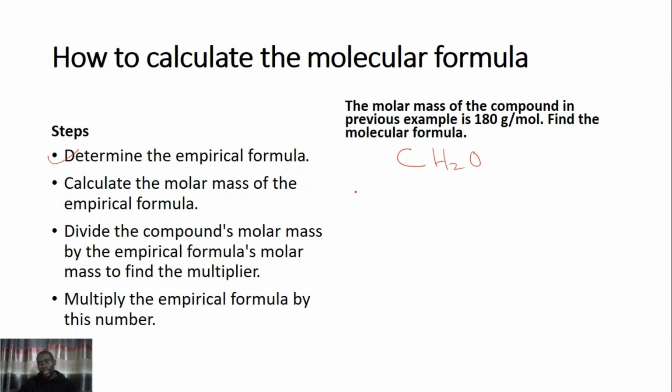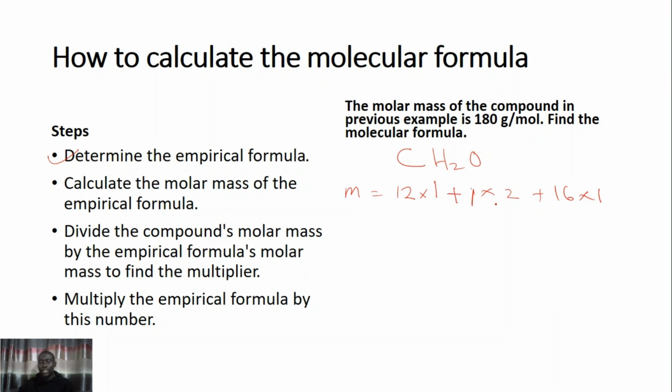Okay. Now, step 2 is to calculate the molar mass of the empirical formula. So let's calculate the molar mass of the empirical formula. The molar mass of this empirical formula is equal to the relative atomic mass of carbon, which is 12, times 1 (the 1 is there, it's just not written), plus the relative atomic mass of hydrogen, which is 1, times 2, plus the relative atomic mass of oxygen, 16, times 1.